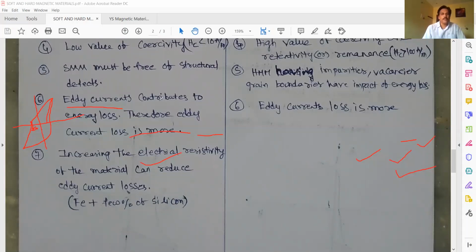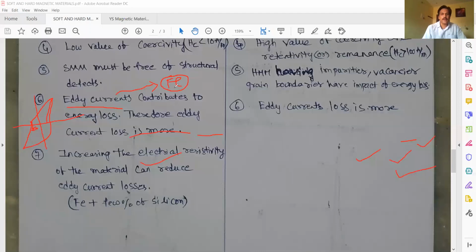Due to that current, we call it eddy current. The change in magnetic field creates current in the metal. That current we call eddy current.